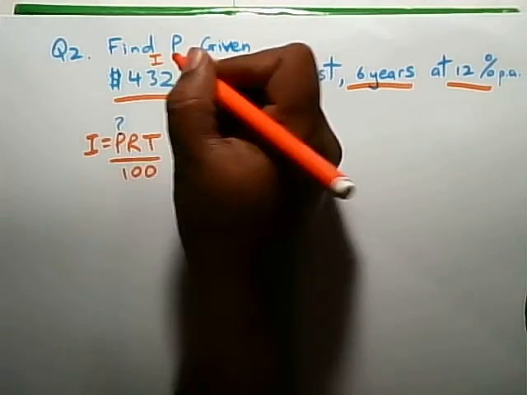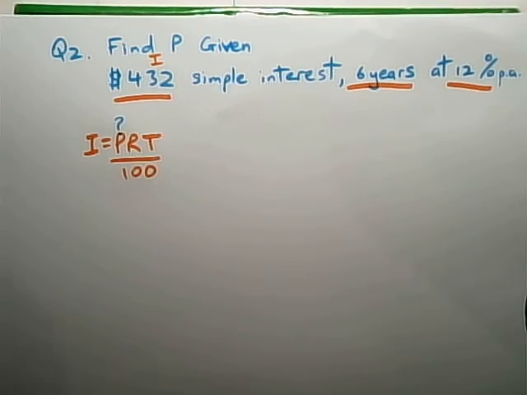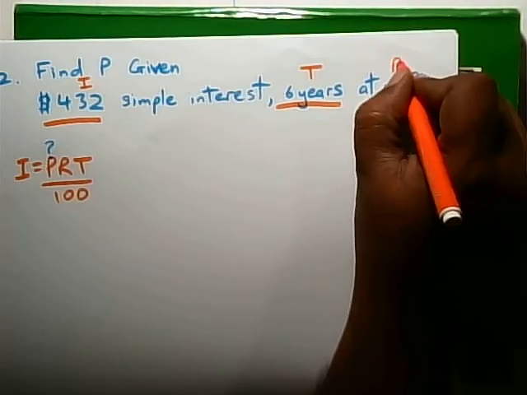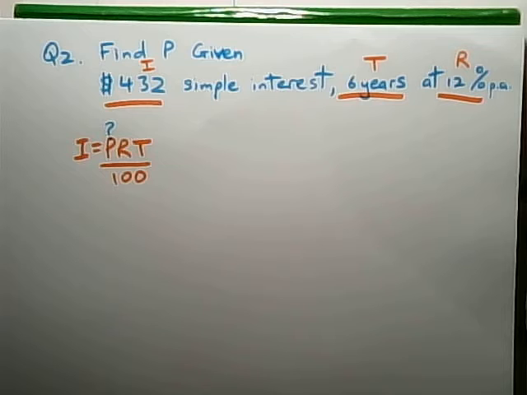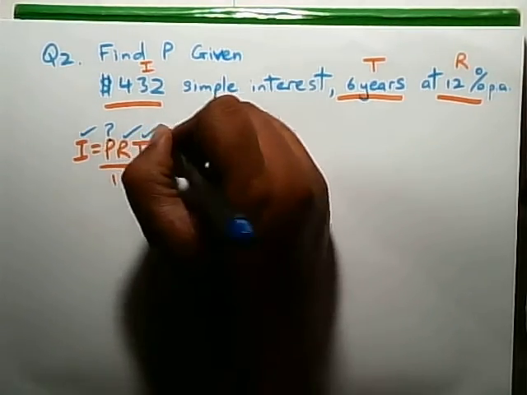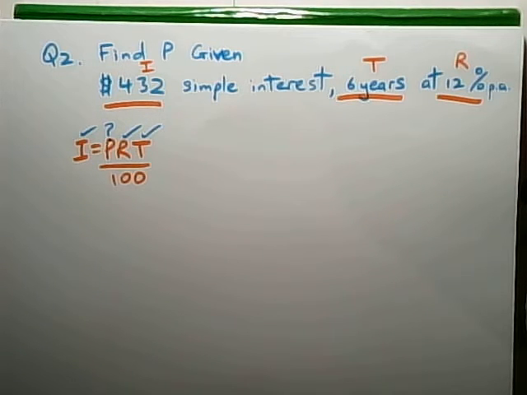Yes, this is I. This is years, so this must be time. Percent is rate. So we tag what we know: I, yes; R, yes; T, yes. As long as you have only one question mark, you can figure it out.